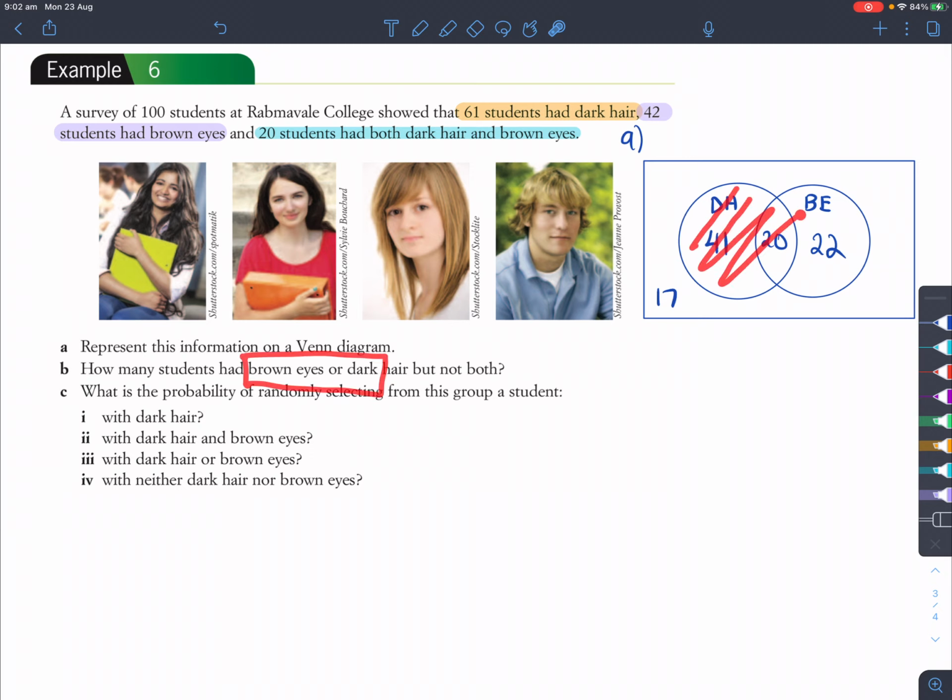That resembles everything here, but because we don't want both of them, out of everything I'm coloring in, I don't want the middle part, which means all I have to include is just this part, which is the 41 here, as well as the 22 there. So that means I would count 63 students in total.